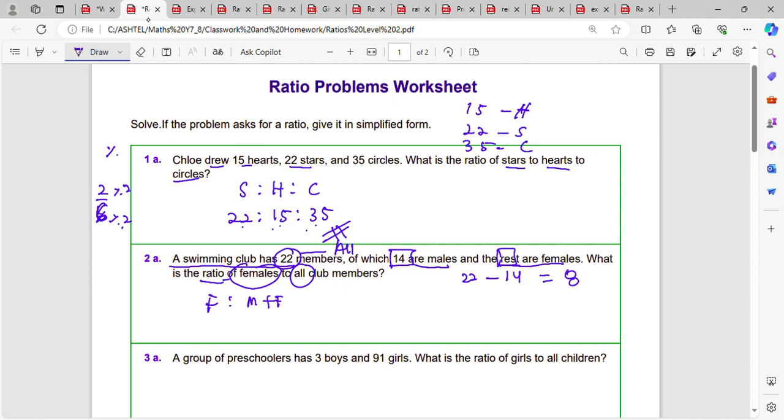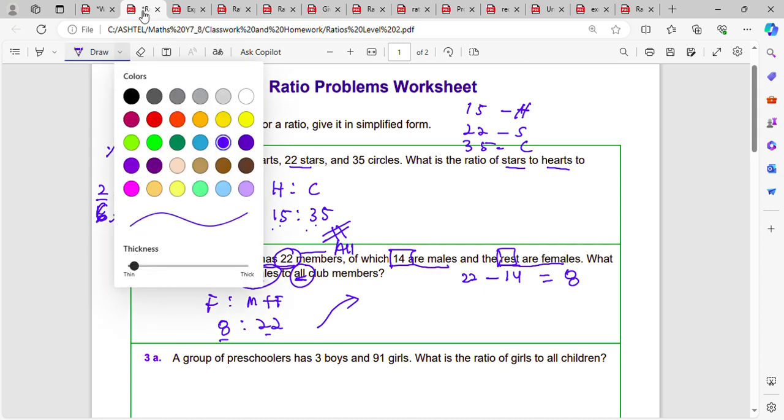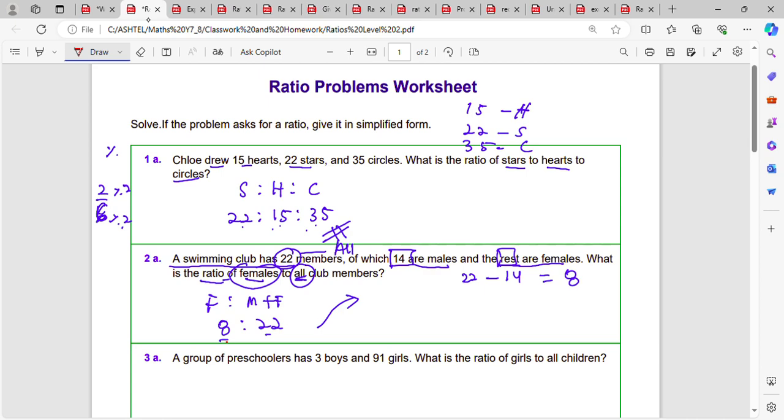So we got 8 for female, so we just write 8 to 22 because it's females to all. So it's 8 to 22, and this can still be simplified. Remember, most of the time when you see all your numbers are even, 8 and 22 are even, that means this can be simplified. Always try simplifying by dividing with 2.